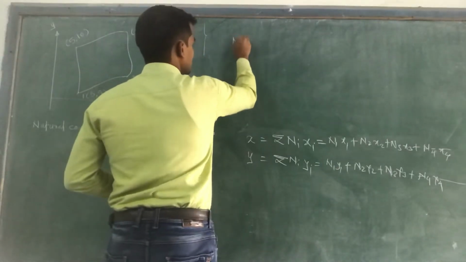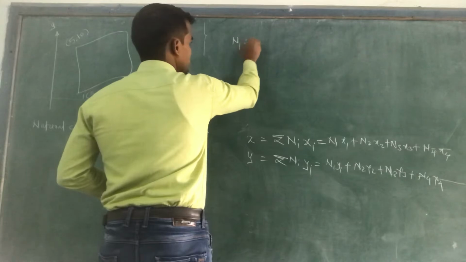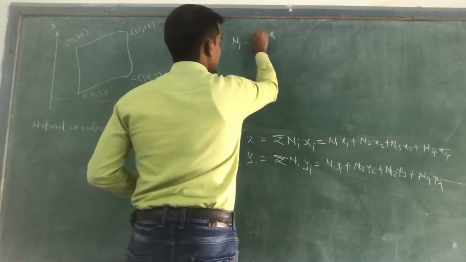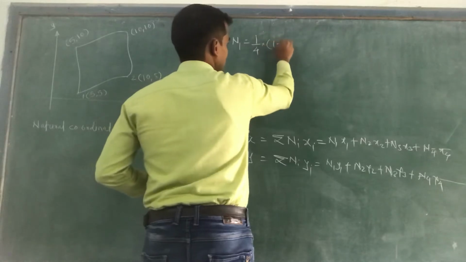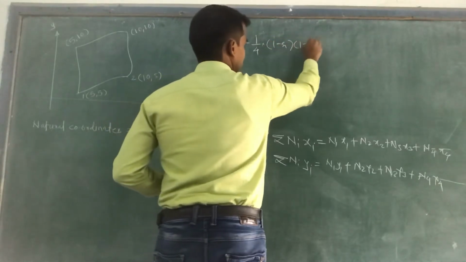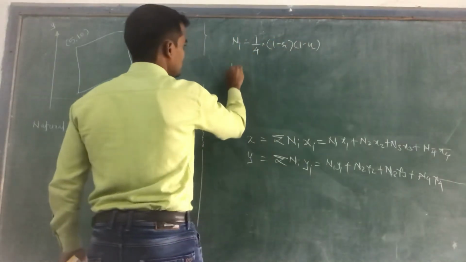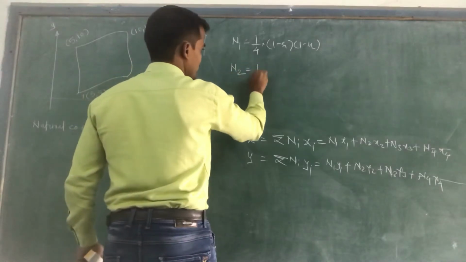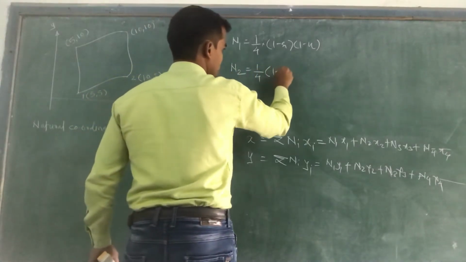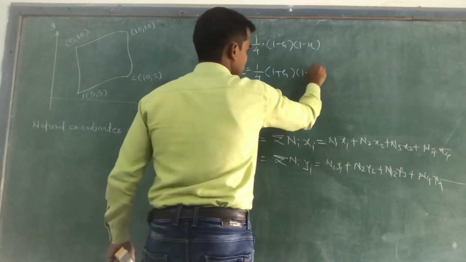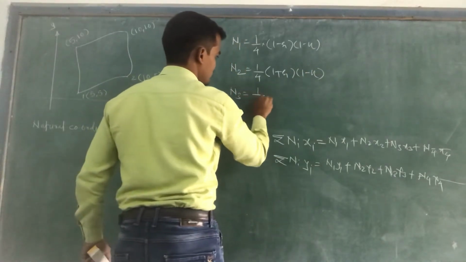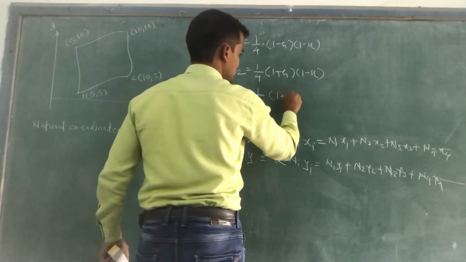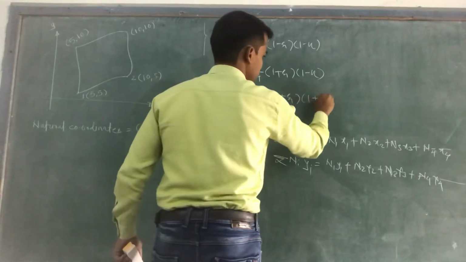n1 is nothing but 1 by 4 into 1 minus zeta, 1 minus eta. Similarly, n2 is 1 by 4, 1 plus zeta, 1 minus eta. n3 is 1 by 4, 1 plus zeta, 1 plus eta.